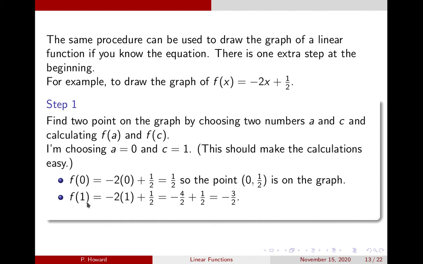We're plugging 1 into the formula for f. Minus 2 times 1 plus 1/2. Minus 2 is minus 4 halves. I wrote this as some number of halves so I could add the 2 fractions. And minus 4 halves plus 1/2 is minus 3 halves. So the point 1, minus 3 halves is on the graph.